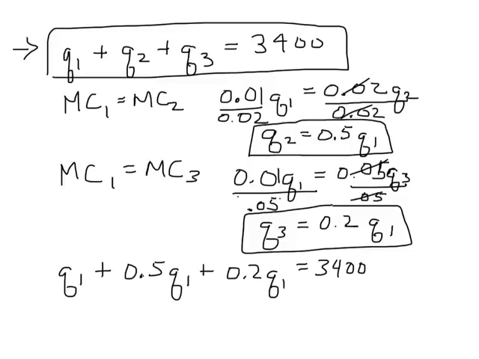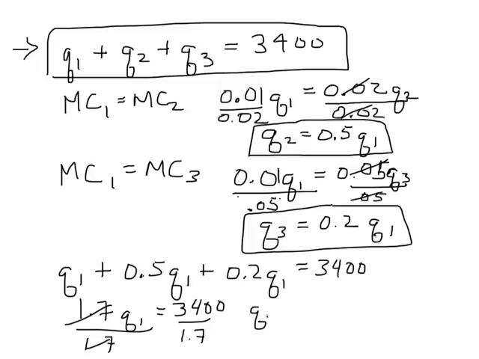If I add those up, this is 1 times Q1 plus 0.5 times Q1 plus 0.2 times Q1, which all together is 1.7 times Q1. That's equal to 3,400. Divide both sides by 1.7. These cancel out. Q1 is equal to 2,000.